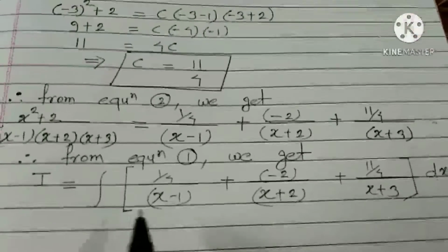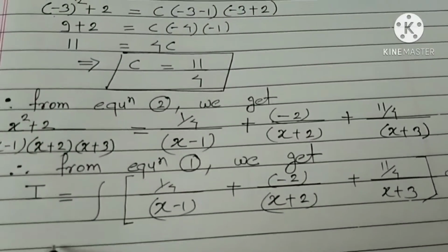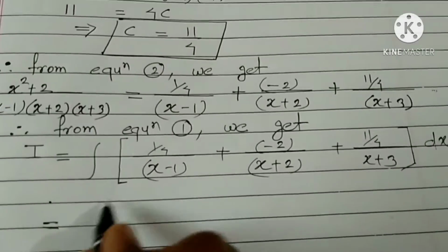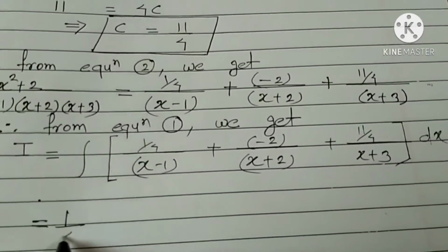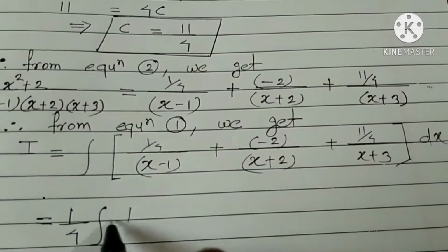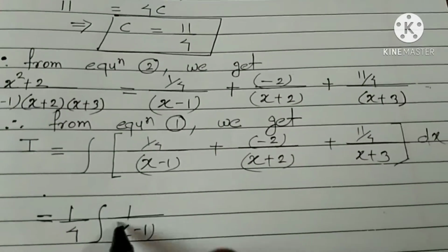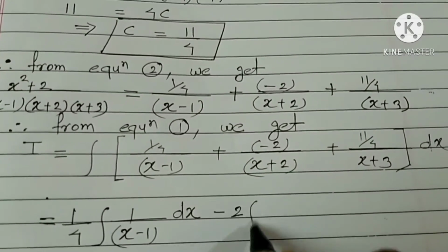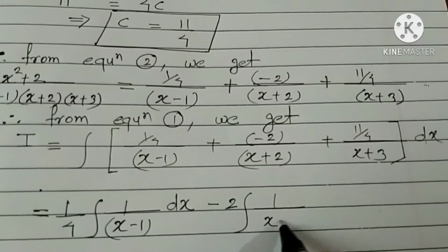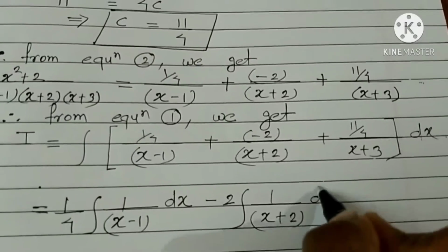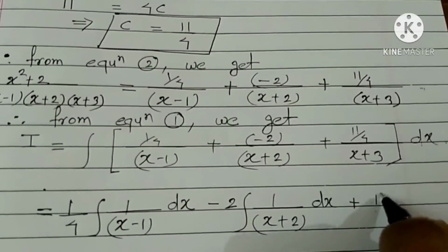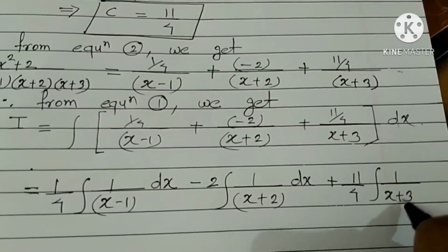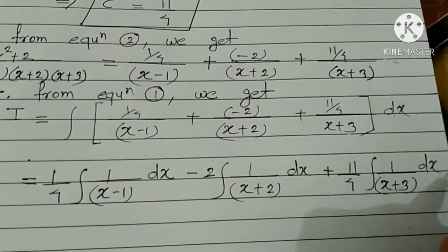Now take integration on this summation. So we get 1 by 4, constant, take outside of integration, 1 upon x minus 1 dx, minus 2 constant, take outside of integration, 1 upon x plus 2 dx, plus 11 by 4 integration of 1 upon x plus 3 dx.